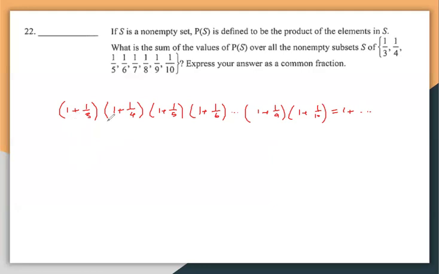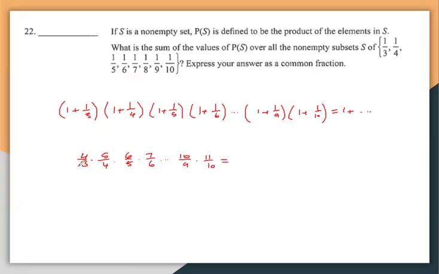And this is really nice because there's a nice telescoping going on. This would be 4/3, and then 5/4, and then 6/5, and then 7/6. You can continue all the way to 10/9 and then 11/10.